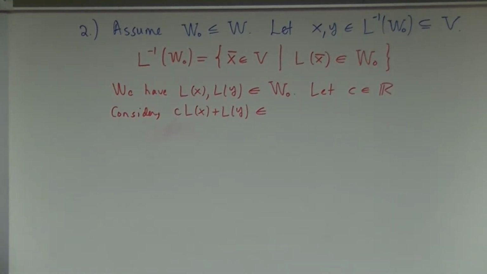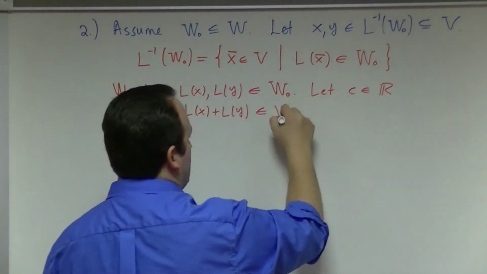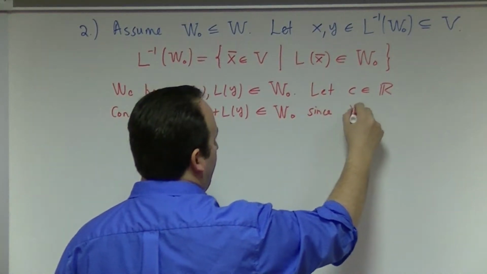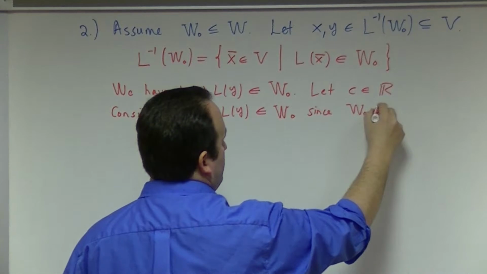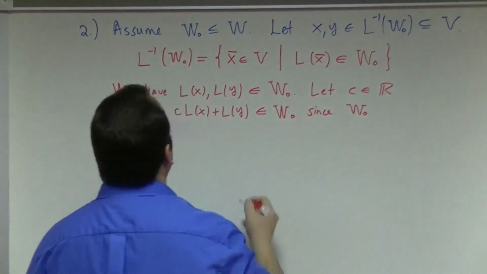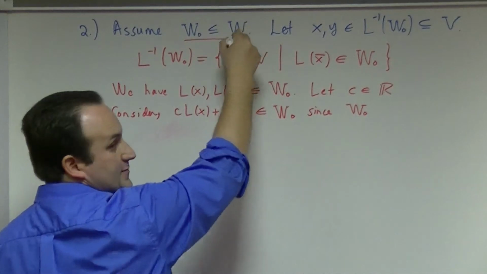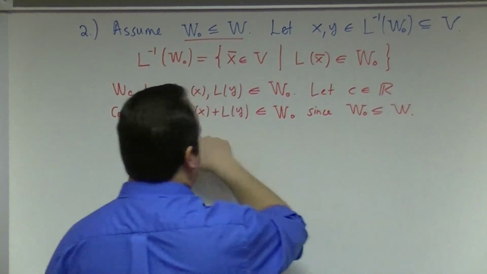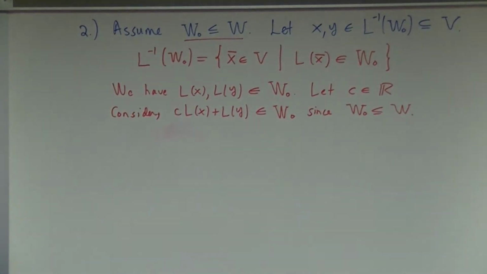Now, how do you know that that's an element of W naught? Because W naught's a what? What did we assume? It's a subspace. A subspace, right. Since W naught's a subspace of W, that's why we know that that's again in W naught.